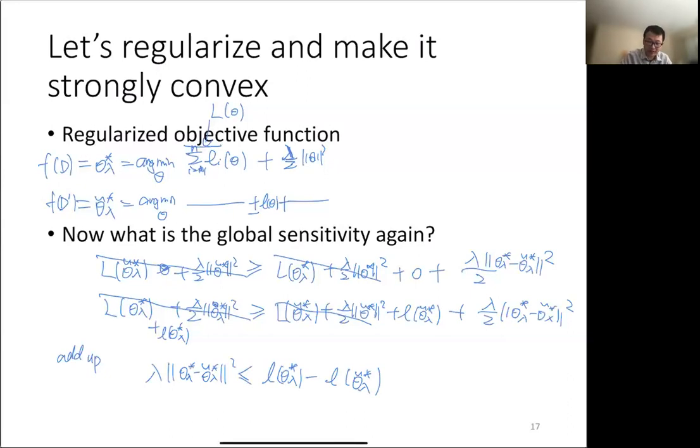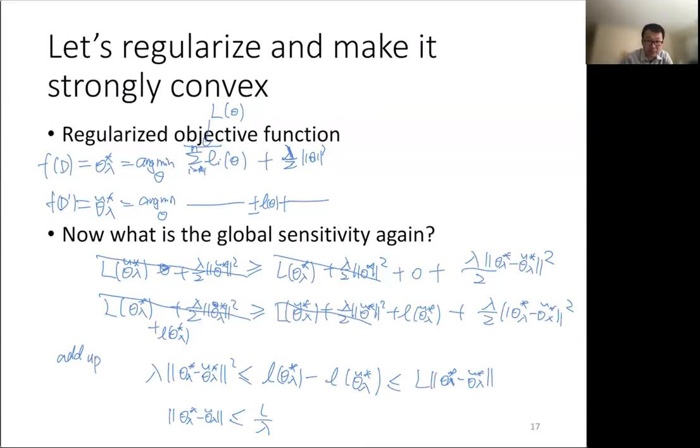Okay, and we know that this L is Lipschitz, and so we can first upper bound this by applying the definition of the Lipschitz property, minus theta tilde star lambda. Now, by dividing both sides by their difference, we can get a bound on how much perturbation we have, being smaller than L over the strong convexity parameter lambda.